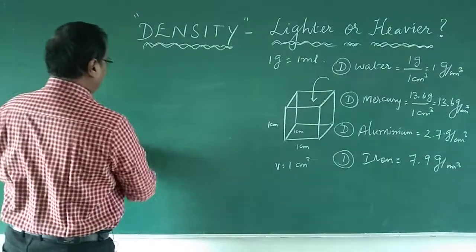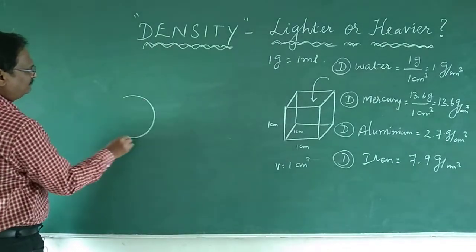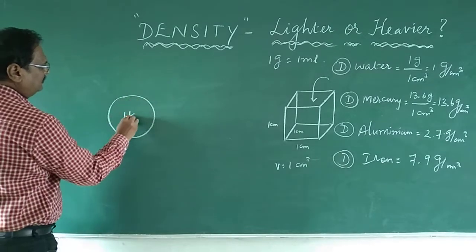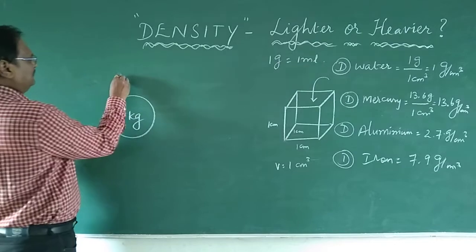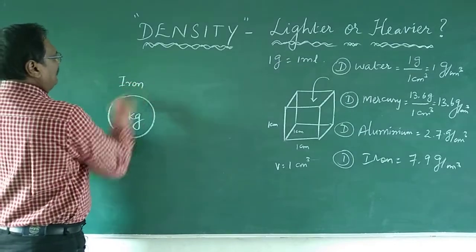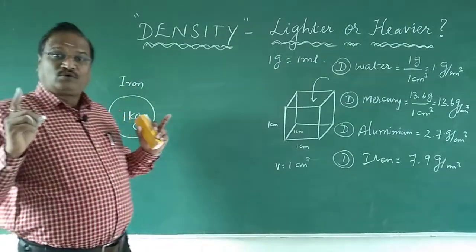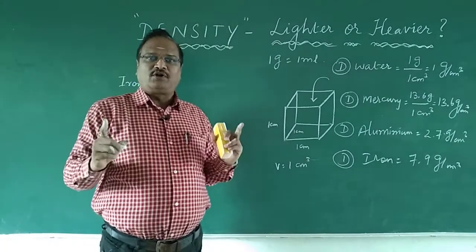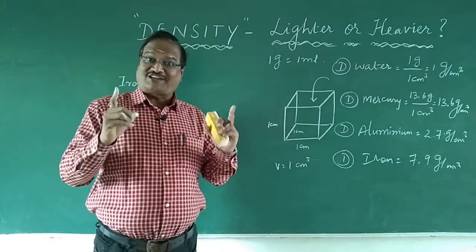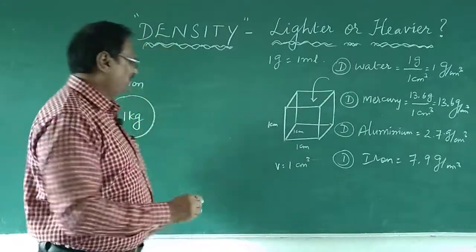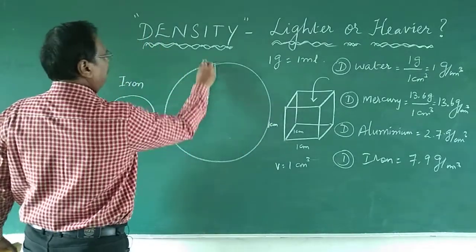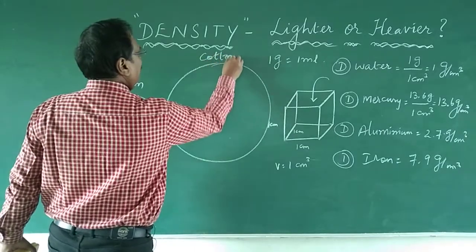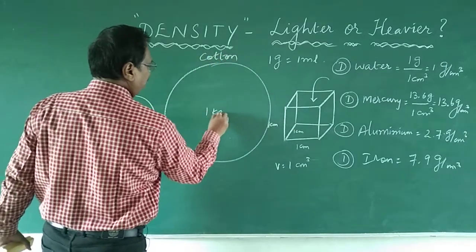I take a 1 kilogram solid iron ball. This is iron. And I take 1 kilogram of cotton. Cotton will occupy this much space, and it is 1 kilogram.